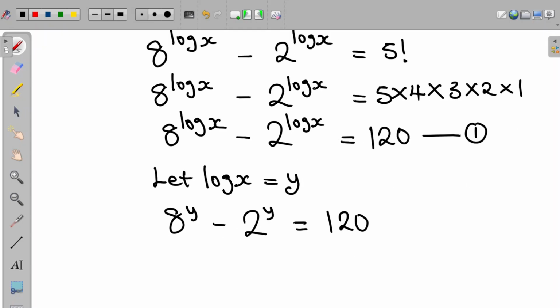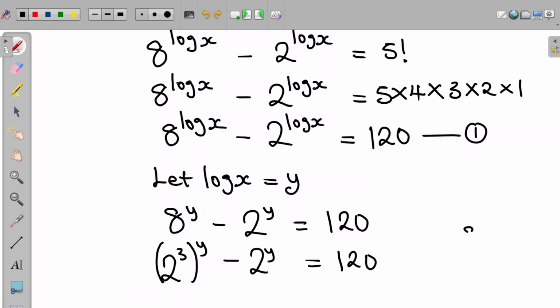Now we can have it that 2 raised to the power of 3, all raised to the power of y, minus 2 raised to the power of y is equal to 120. This is because 8 can be expressed as 2 raised to the power of 3.